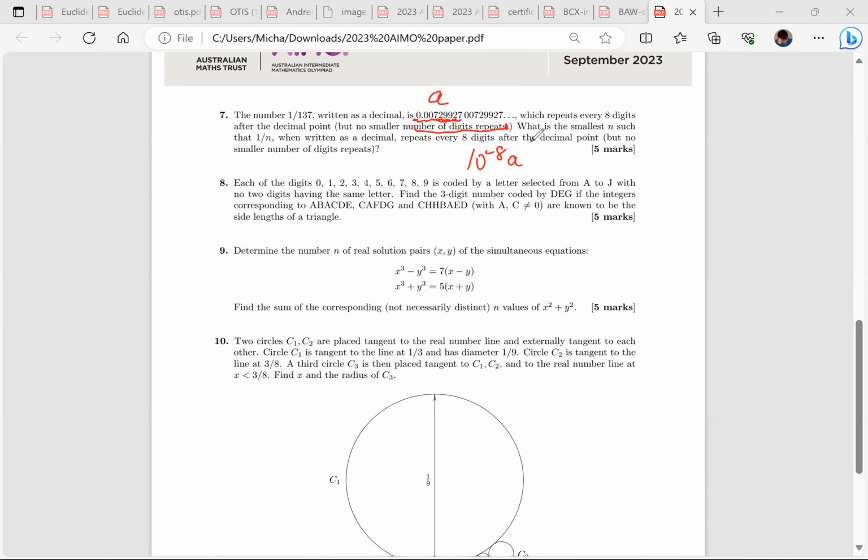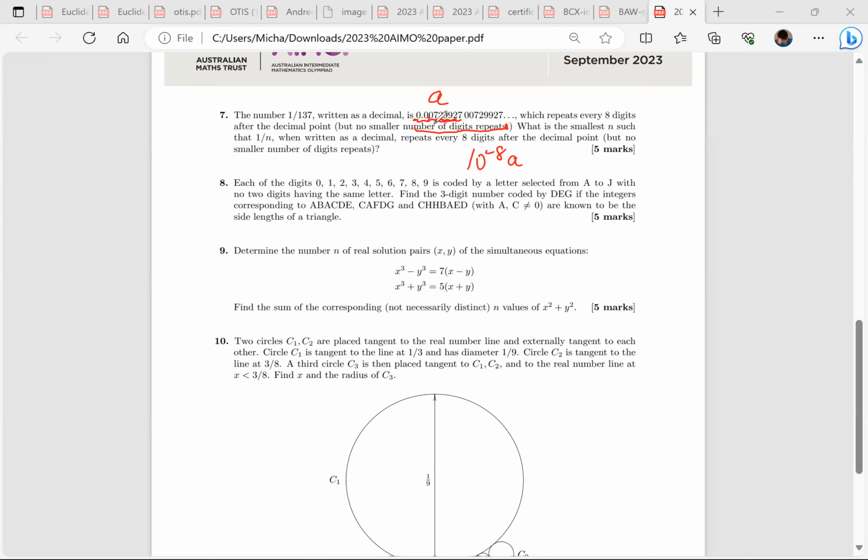You can just do A minus... Call N the actual decimal thing. It's N minus N on 10 to the 8 is equal to A on 10 to the 8, where that's A. You know the self-similar fractions? Right, let me just test this.